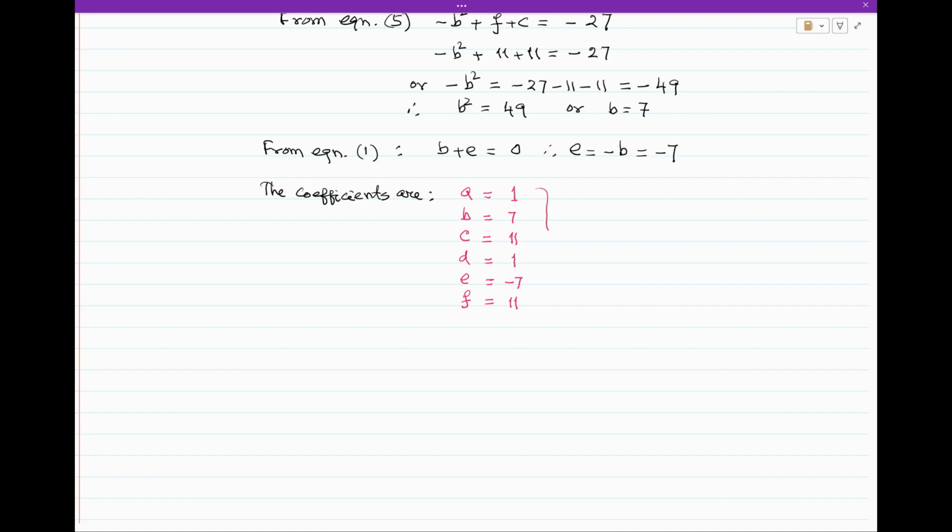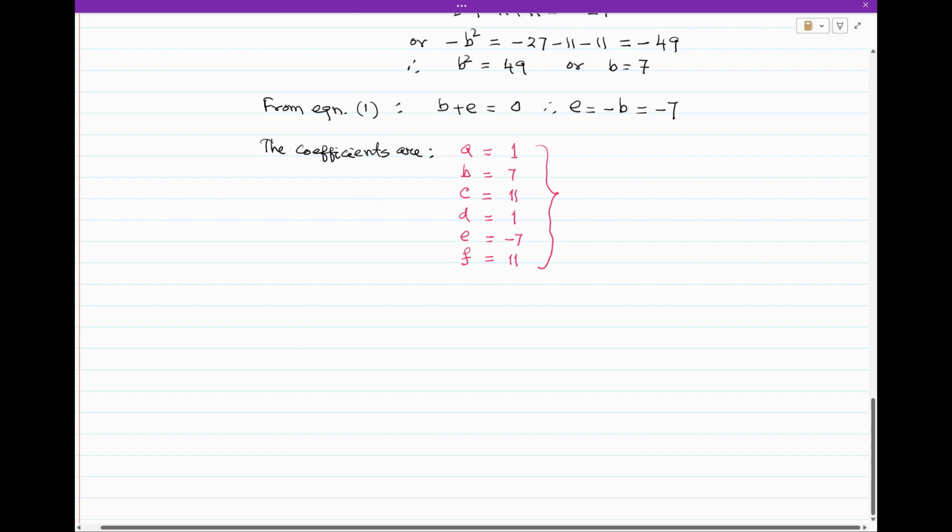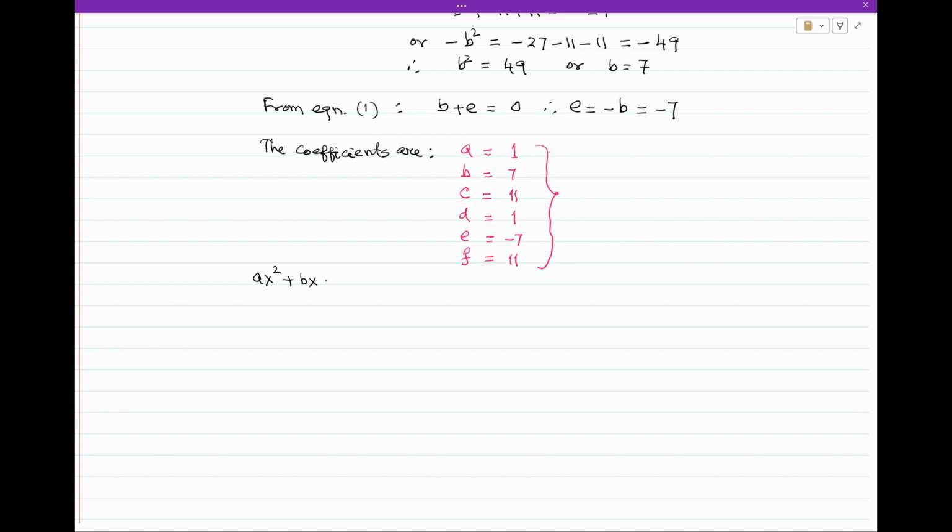So these are the 6 coefficients, and our quadratic expressions were ax square plus bx plus c and dx square plus ex plus f.